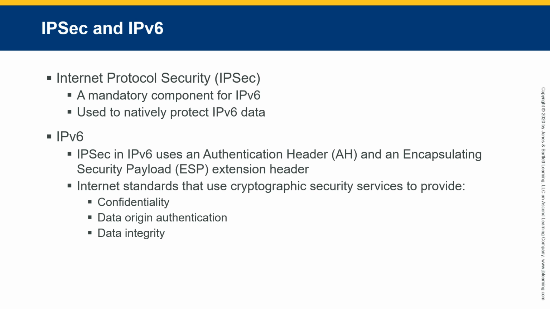Now, IPsec in IPv6 uses an authentication header and an encapsulating security payload (ESP) extension header. These are internet standards that use cryptographic security services to help provide confidentiality, data origin authentication, and data integrity. So we know that these are still good for that.